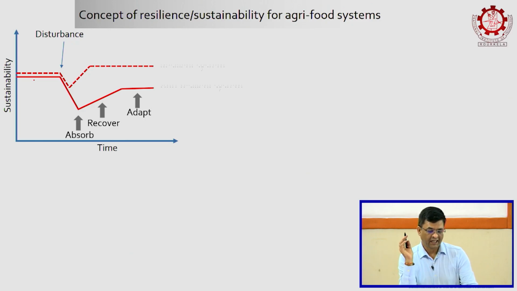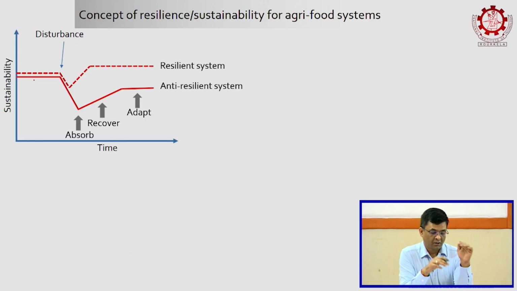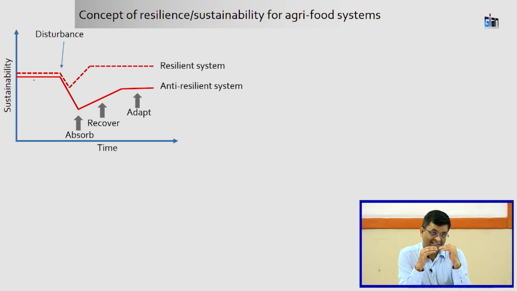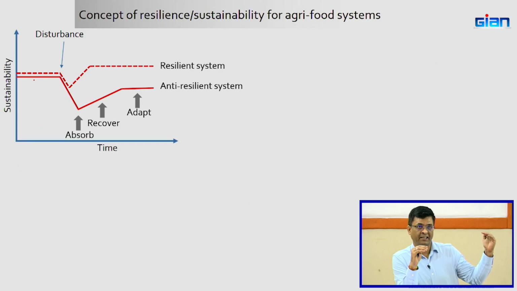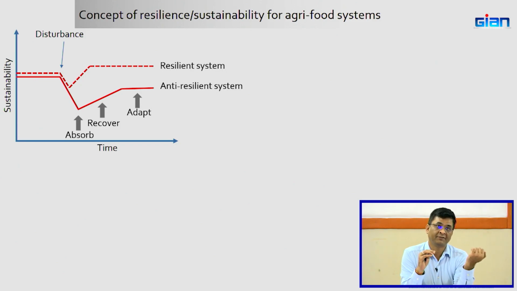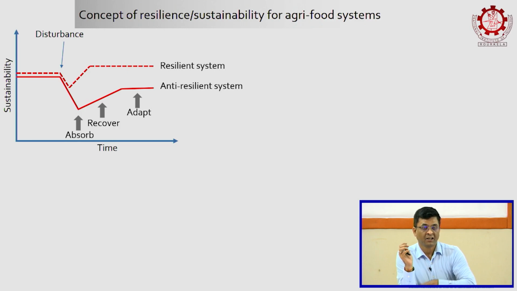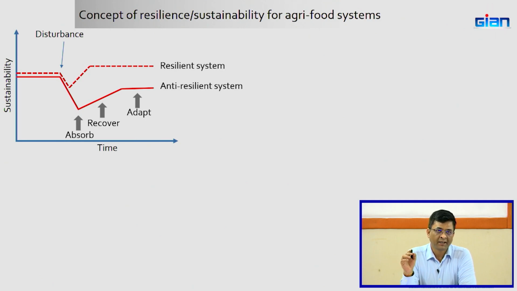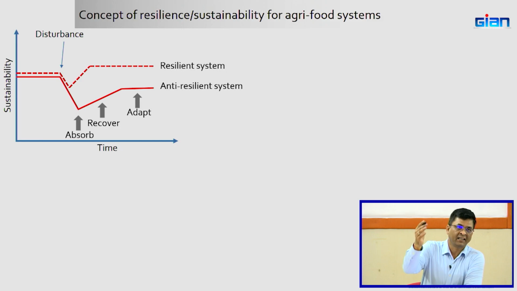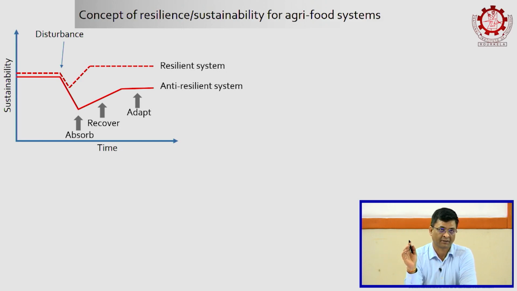And if we are able to absorb, recover and adapt and come back to a system which is the same as previously, it is resilient. If it is not the same as the previous, it becomes anti-resilient. So for most of the sustainability and climate change issues which are coming in, we have a benchmark. We want to bring our carbon emission back to the 1990 level or 1930 level, 1950. There's always a benchmark.